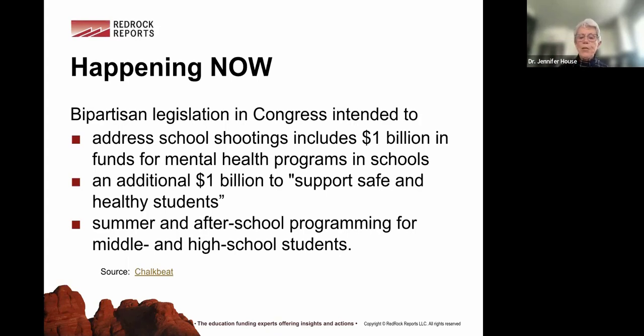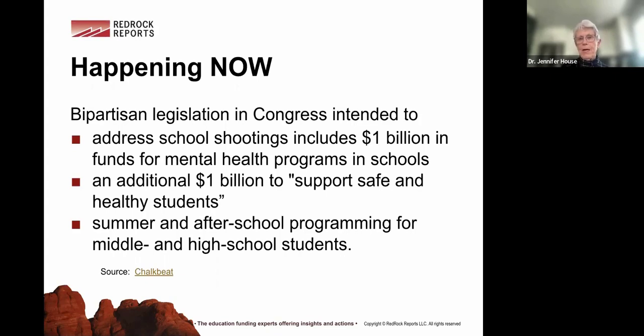An additional $1 billion to support safe and healthy students, and summer and after school programming for middle and high school students. Because as we know, unfortunately, that's where we've seen the biggest amount until Uvalde, so this is a really important one.